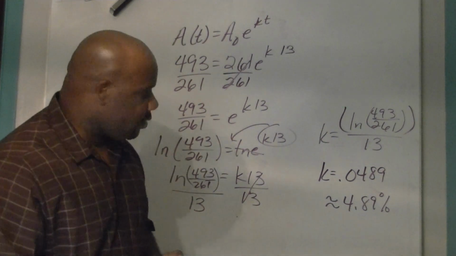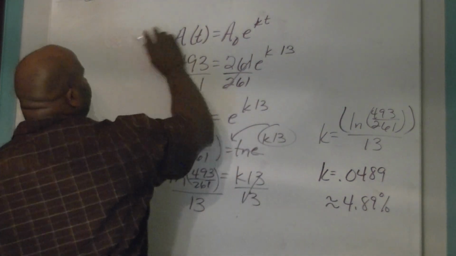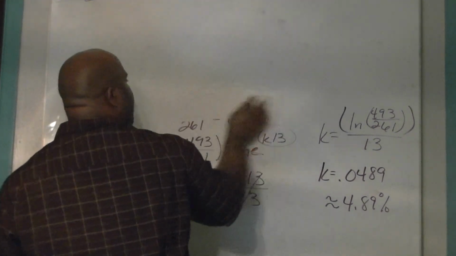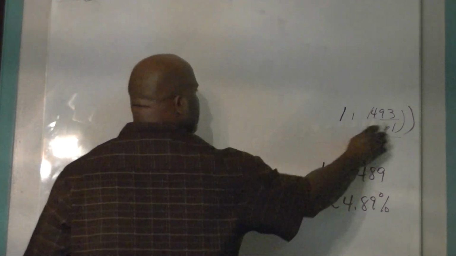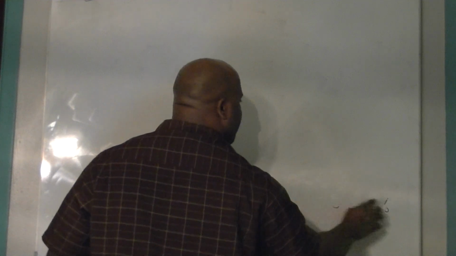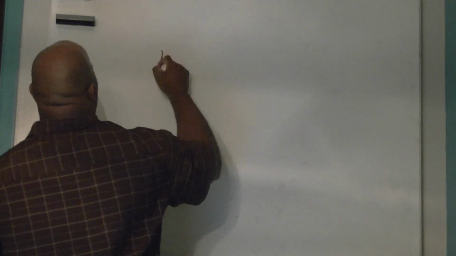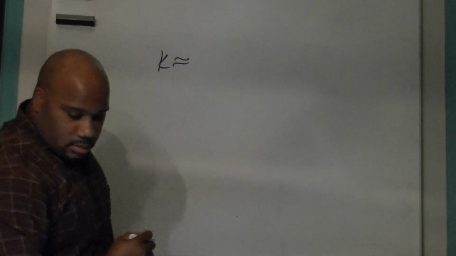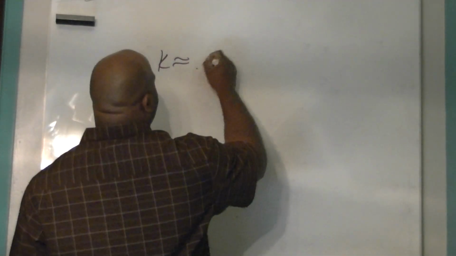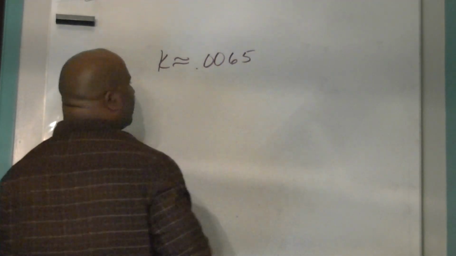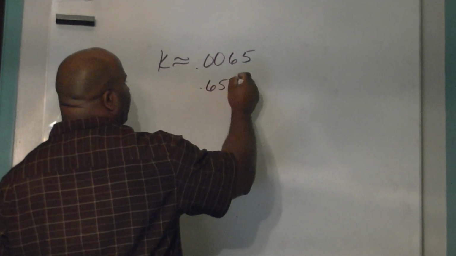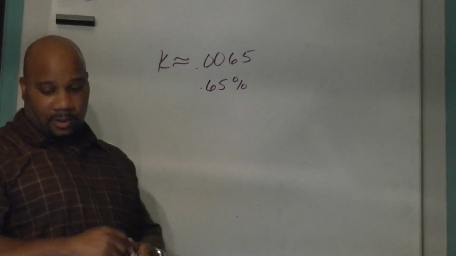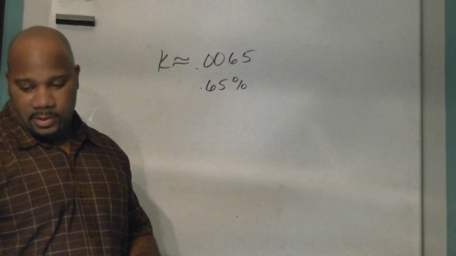And I got K is approximately 0.0065, or 0.65%. Okay. It's still less than 1%. So my decay rate is still less than 1%.